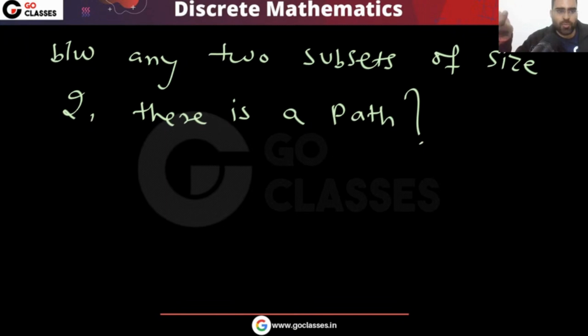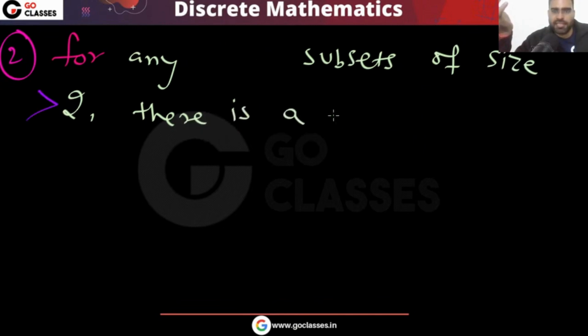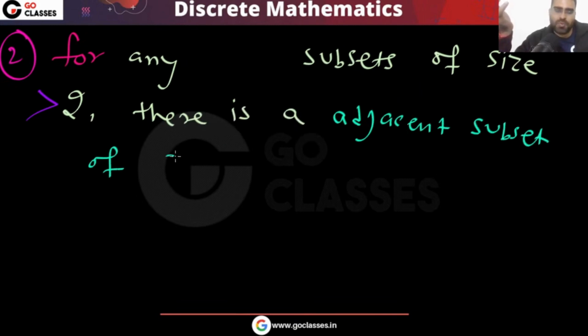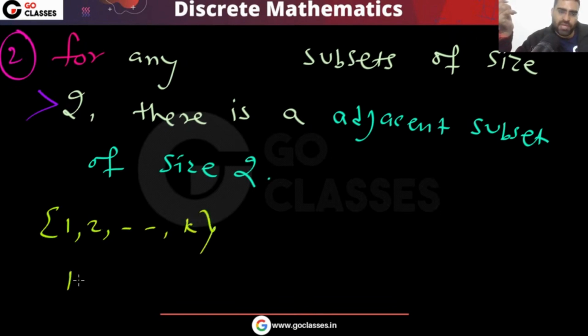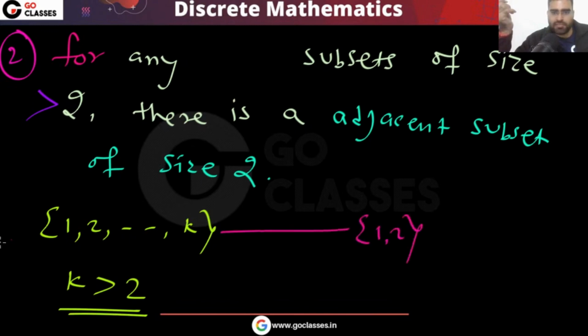Now the only thing you have to prove is, for any subset of size greater than 2, there is an adjacent subset of size 2. This also you can prove very easily. For example, if you take {1, 2, 3, and so on up to k}, where k is greater than 2, then it will be adjacent to {1, 2}. That's it. This is your proof.